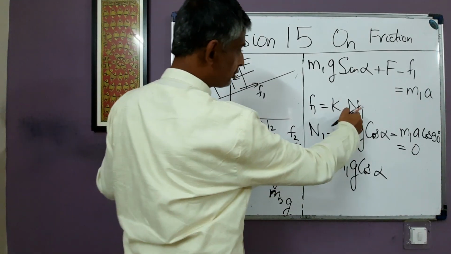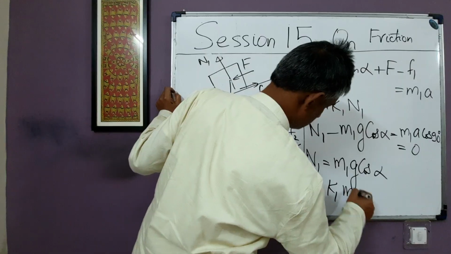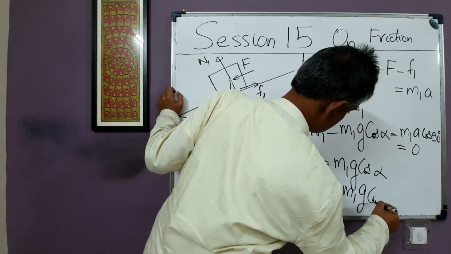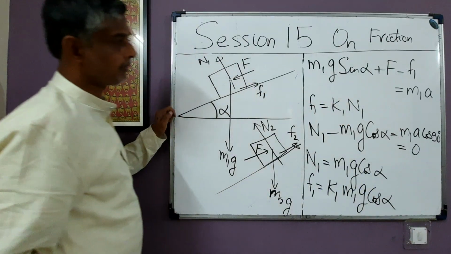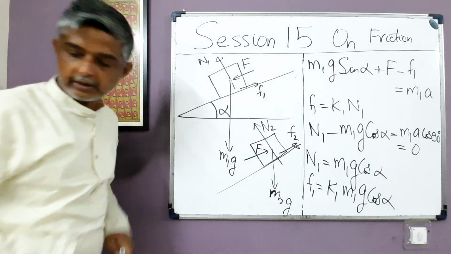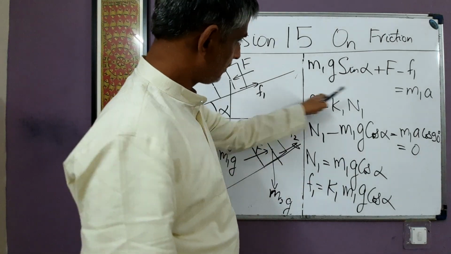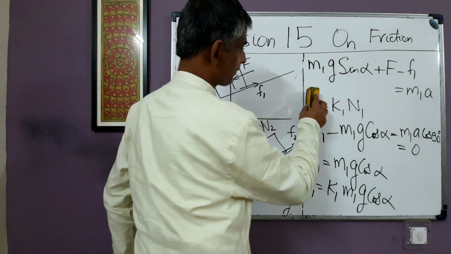Now this N1 I substitute here. So I get F1 equals K1 times m1g cos alpha. Now this F1 I substitute in this formula.